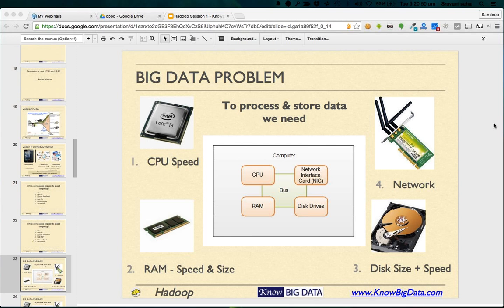One is the CPU: the ability of a computer to read an instruction and make a decision, whether to test a condition, whether to go to the next step or some other step.